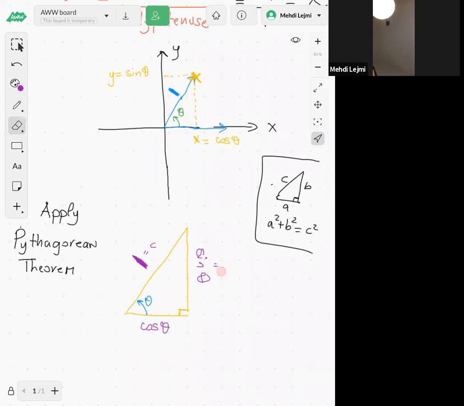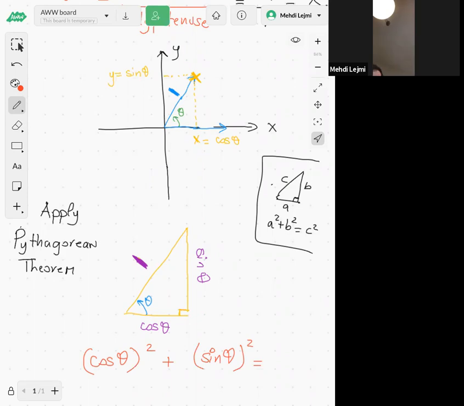So if you apply the Pythagorean theorem, we have A squared, that's cosine squared, so cosine of theta squared, plus B squared, so that will be sine of theta squared, equal to C squared. C is the length of the hypotenuse, and that's equal to 1 unit.